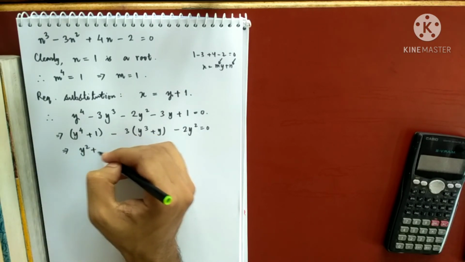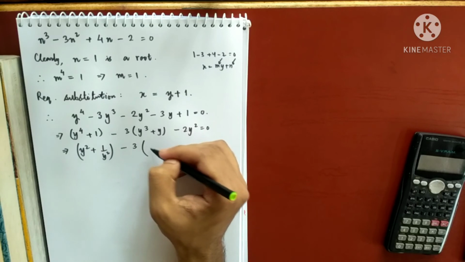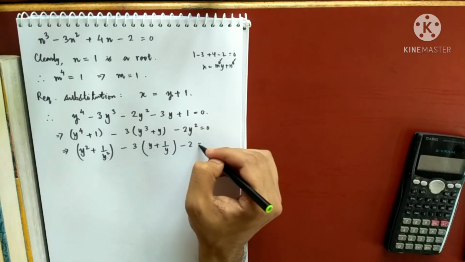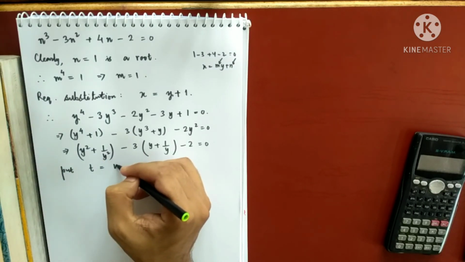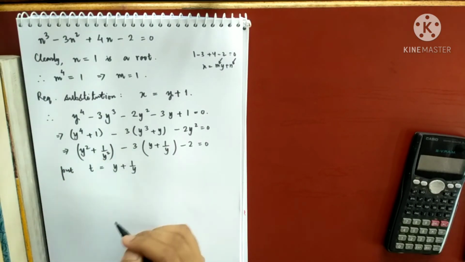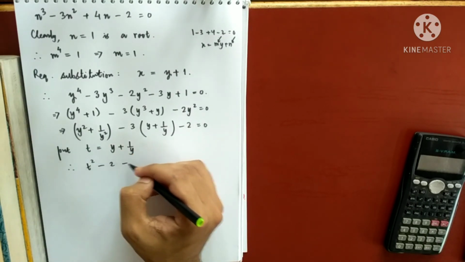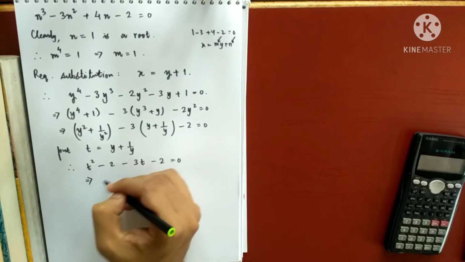It is y square plus 1 by y square minus 3, times y plus 1 by y, plus 2 equals to 0. Put t equals y plus 1 by y. The value of this will be t square minus 2 minus 3t plus 2 equals to 0.